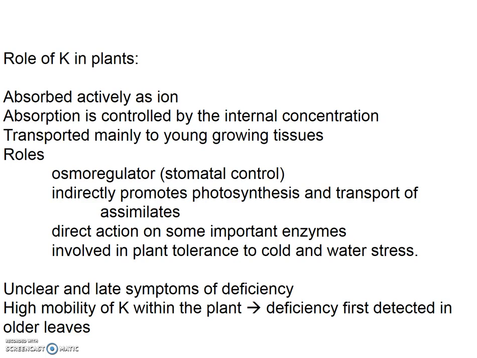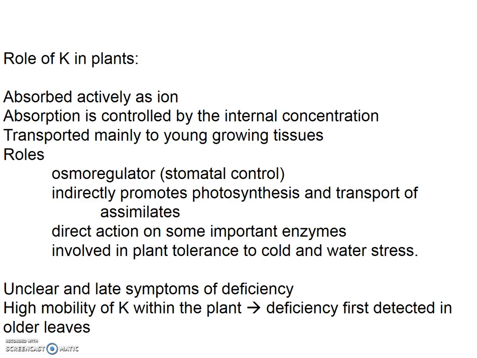And what are the roles of potassium in plants? Potassium is absorbed actively as an ion. The absorption is controlled by the internal concentration. So, the lower the internal concentration, the higher the absorption will be.